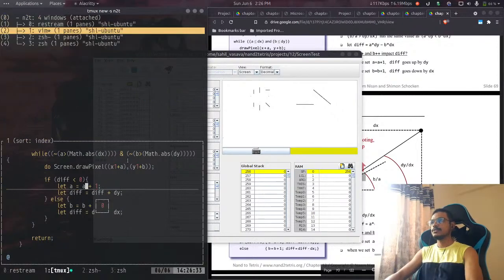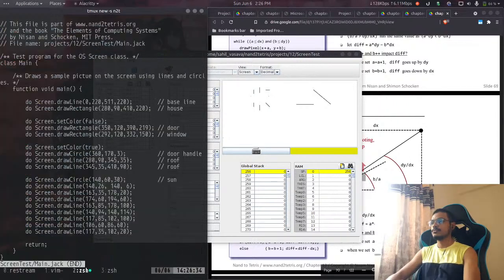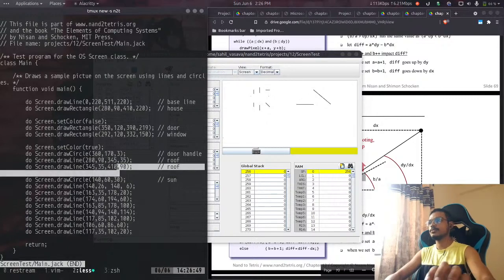So let's check the test file. In this case where x is increasing but y is decreasing, which will be this part of the roof, what should happen?